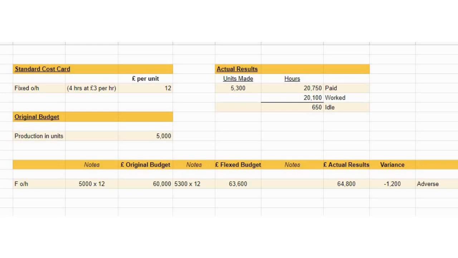From the standard cost card, we can see that the fixed overheads were 4 hours at £3 per hour, giving £12 per unit. The actual number of units made, as before, was 5,300, with 20,750 hours paid and 20,100 worked. The original budgeted production in units was 5,000. I've taken this from the original budget table and the flexed budget table, and that's just a copy of what we just looked at, the £1,200 adverse.